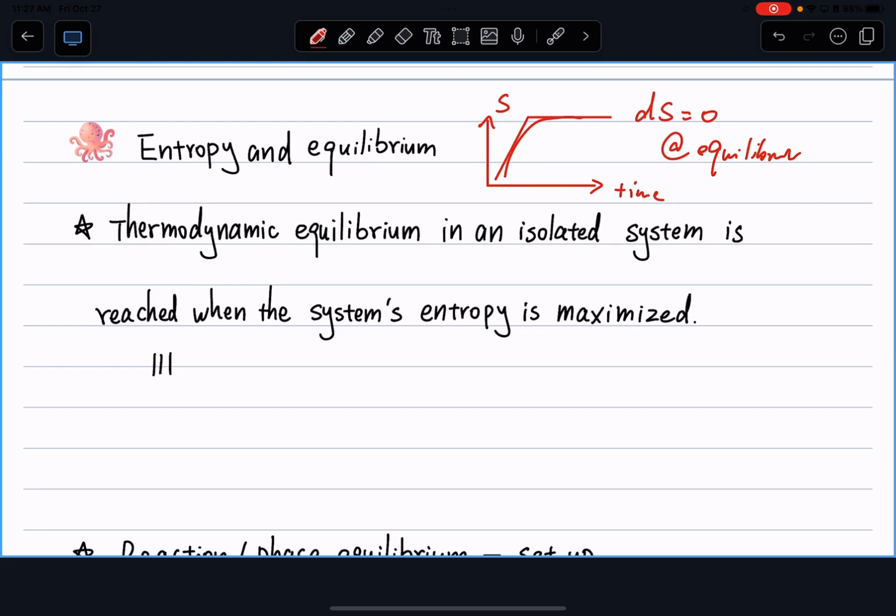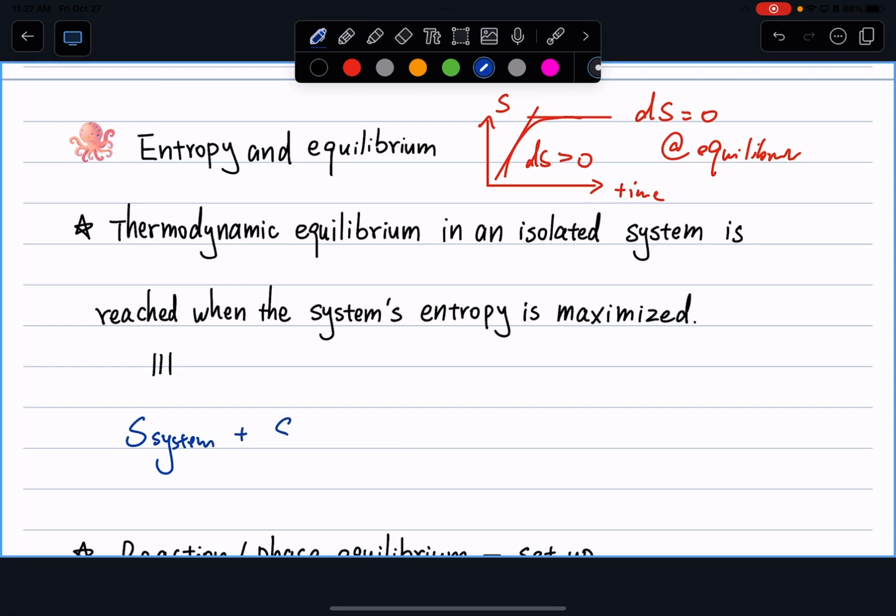Before that, you have dS larger than 0. Or said a different way, thermodynamic equilibrium in an isolated system is reached when your system's entropy is maximized. If we put it into an equation, S system plus S surrounding is maximized.